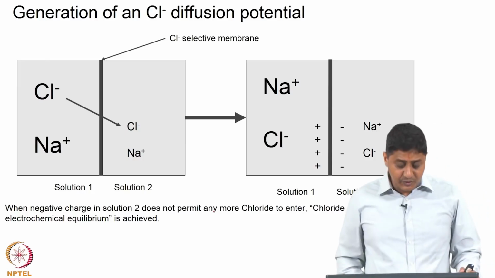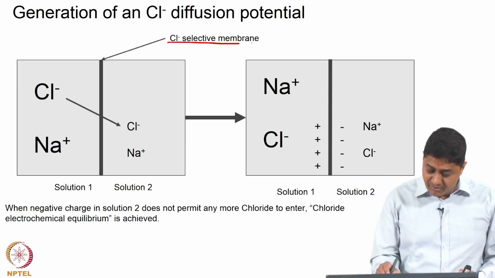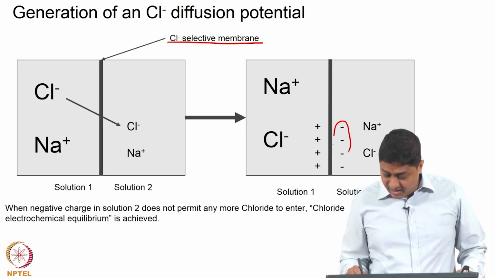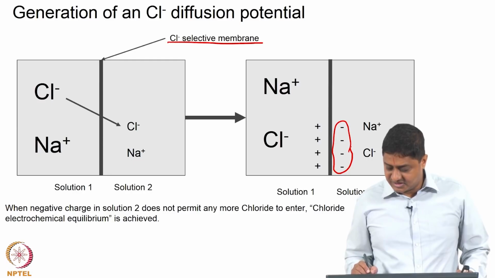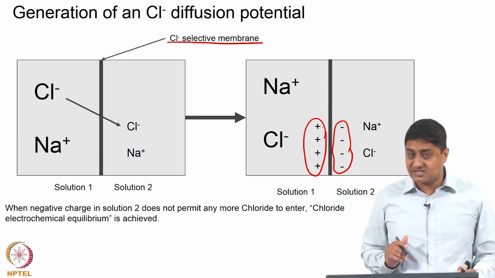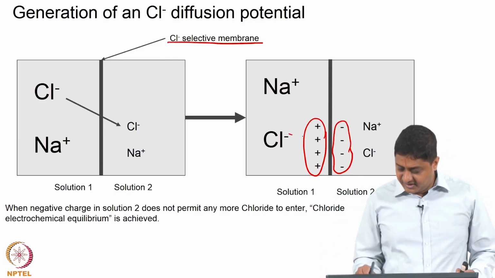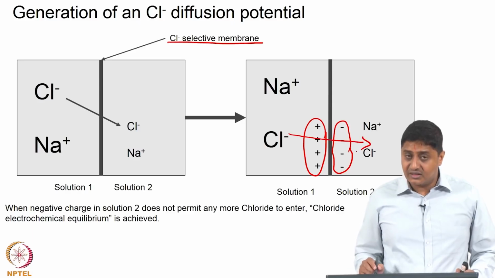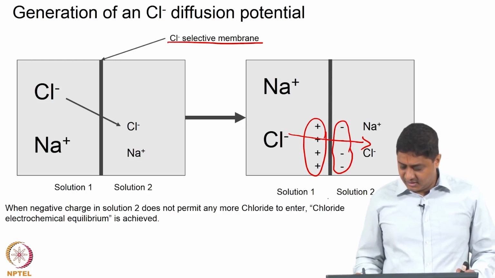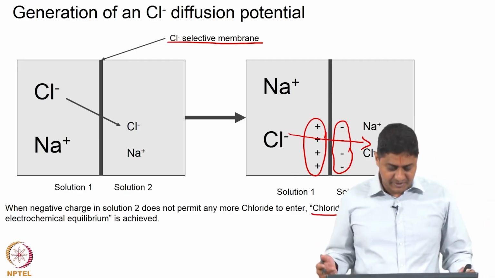Likewise for chloride, suppose I had a chloride selective membrane, the opposite will happen. The right side will have a buildup of negative charges, and the left side will have a buildup of positive charges, creating charge separation once more. Chloride will get transported, but after some time chloride transport will be prevented. The point at which this happens is the chloride electrochemical equilibrium.